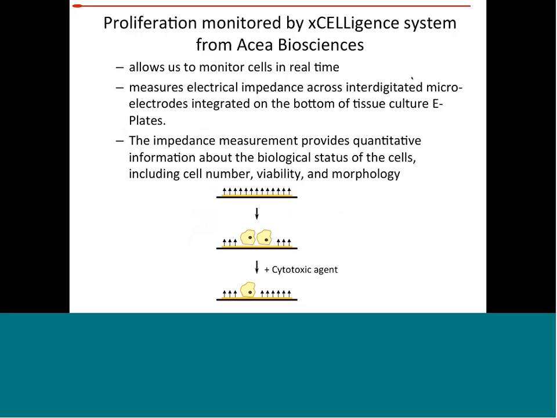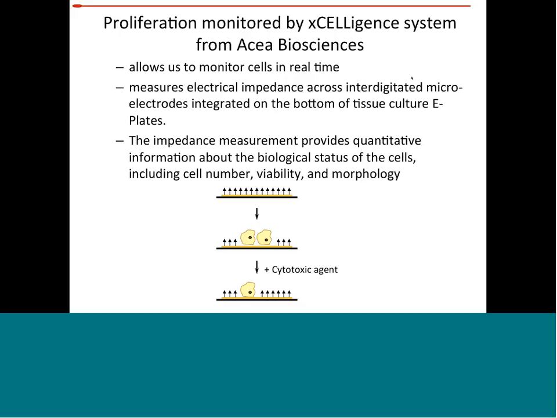As in the introduction, this basically measures the electrical impedance across the microelectrodes on the bottom of the E-plates. Another nice thing they have now is E-plates where you can actually look through and see your cells.